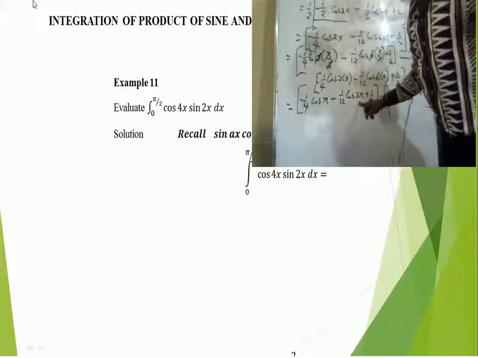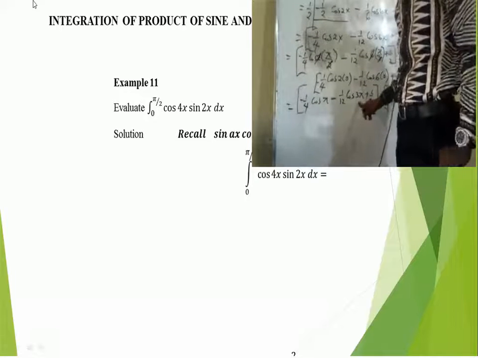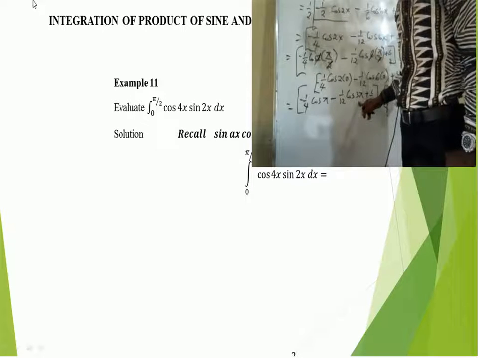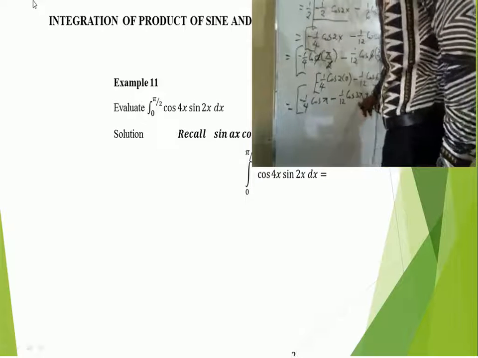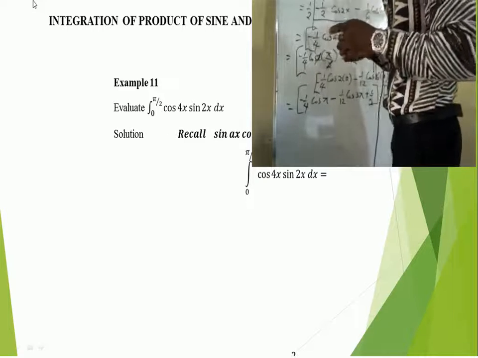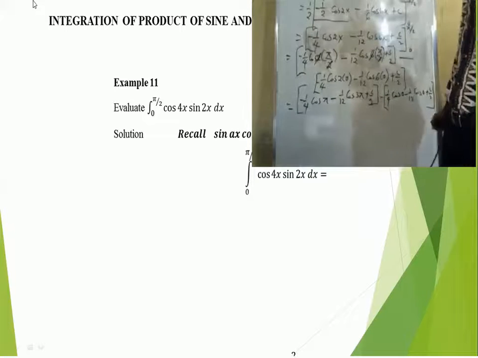What will 3 times 180 give us? Please, when you wrote minus 1 over 4, it's not meant to be minus 1 over 4.